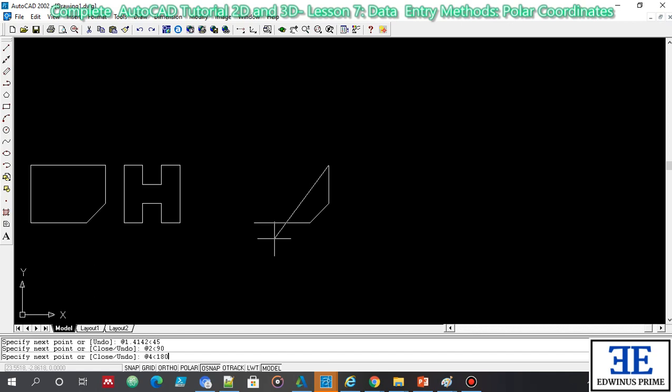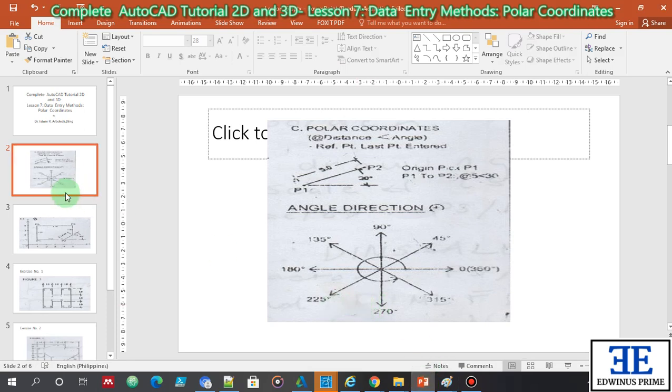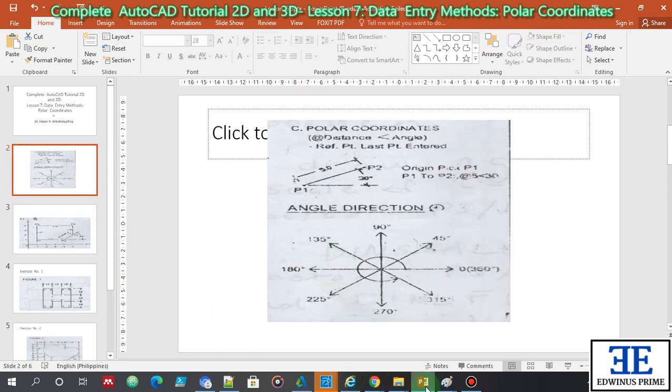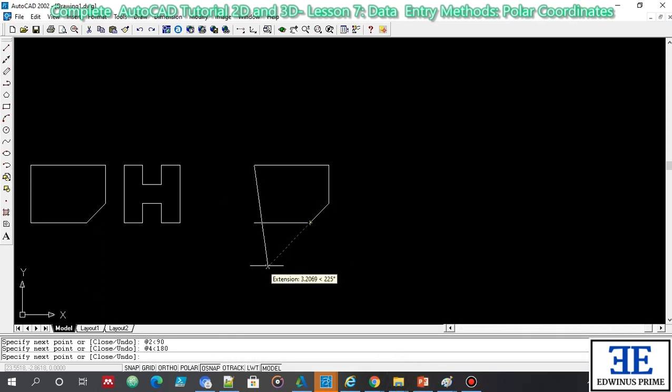So the line is going to the left, but we will not indicate it as negative because we are using the angle. And from P5 to P1, the distance is 3, and the angle is 270 downwards.